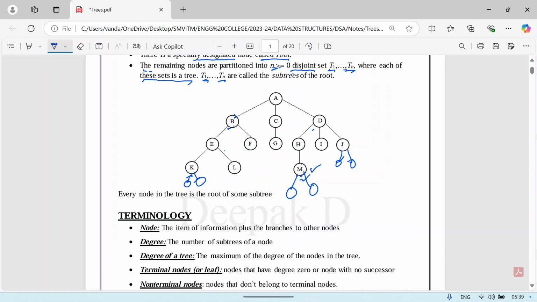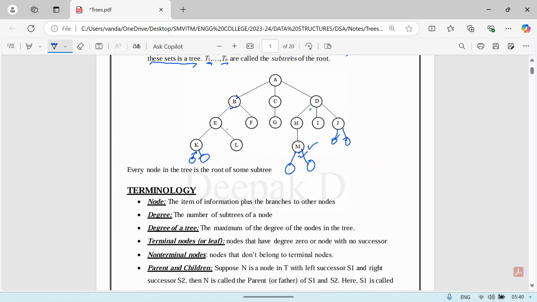Degree of a tree means the highest degree that a node has. What is meant by terminal node or leaf node? The node which does not have any child node, usually at the end. These are called terminal nodes or leaf nodes. And the nodes which have at least one successor or child node are called non-terminal nodes.